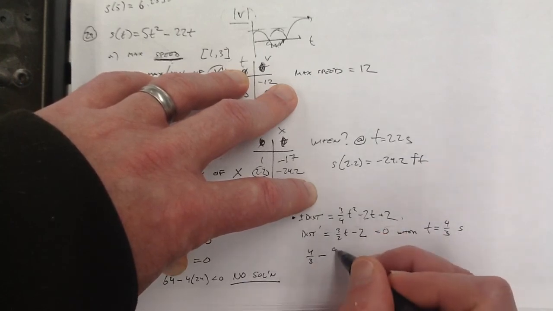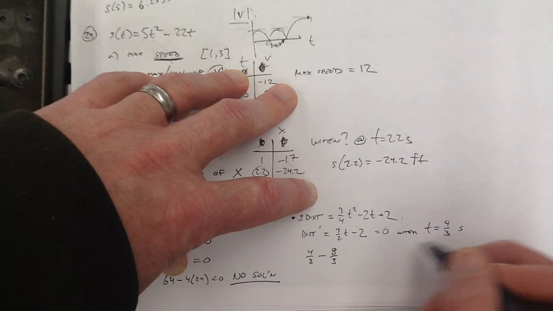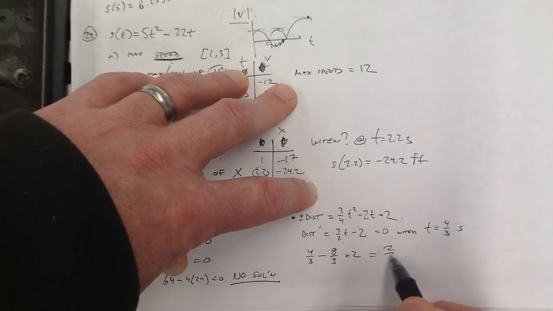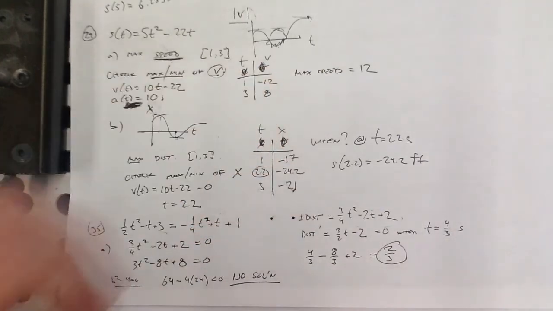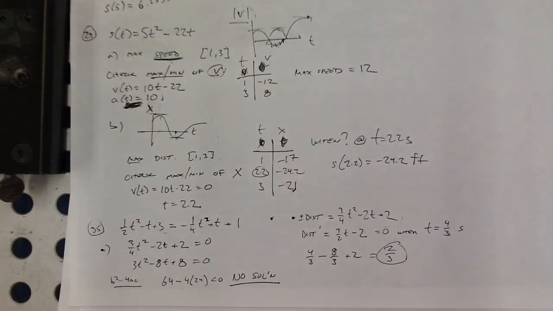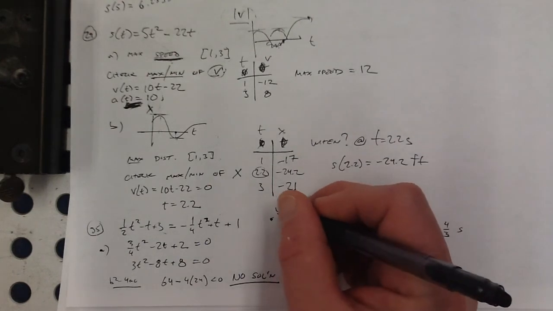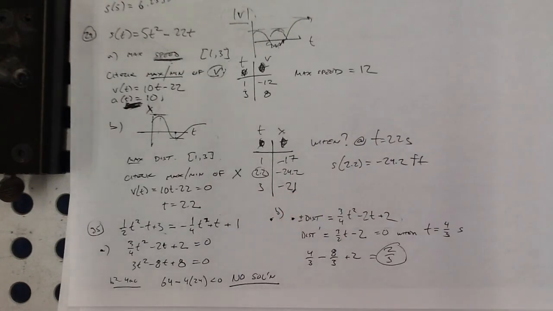Minus 2t plus 2. So that's minus 4/3 plus 2 is 2/3. So they get 2/3 of a foot from each other when they're at their closest. Check that. Make sure I'm telling you the truth. That is the truth.